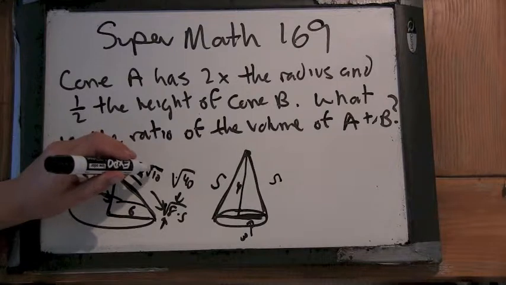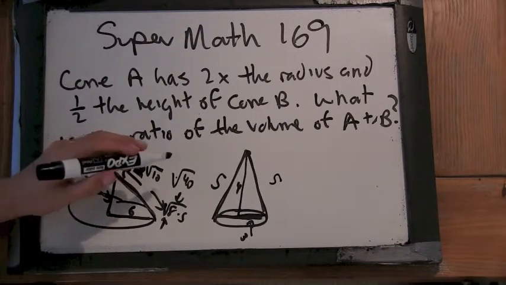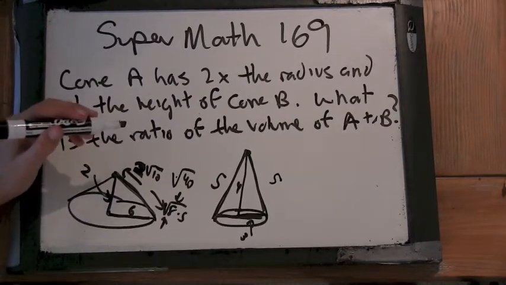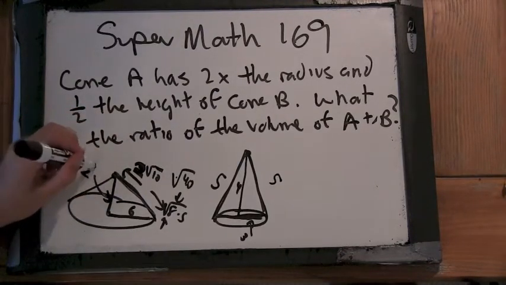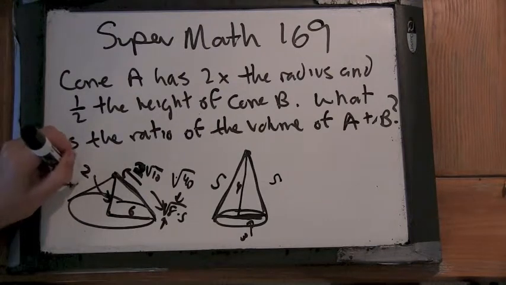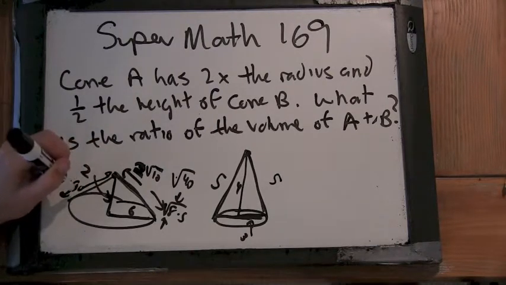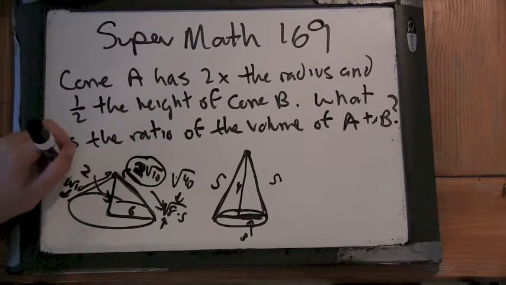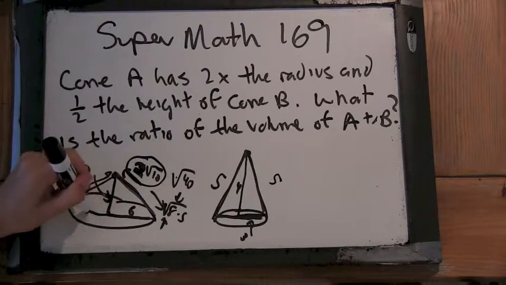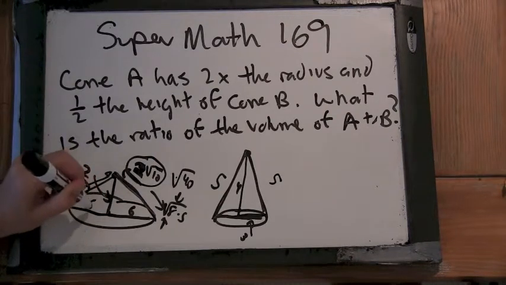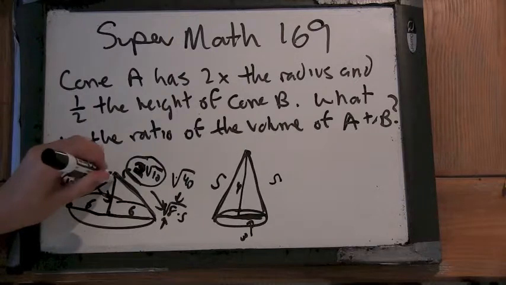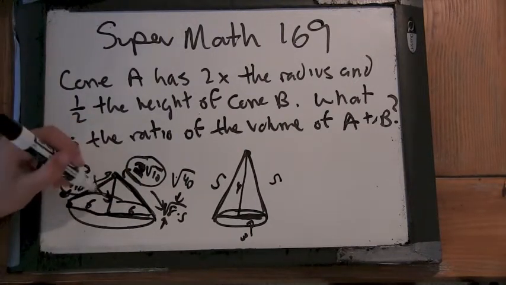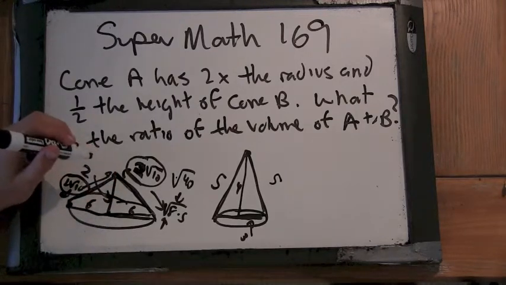So 2 root 10 is a little bit bigger than 6, and these are exactly 6. So this side is bigger than this side. Okay. So it works. These are cones. Okay, that's fine. Good checking.